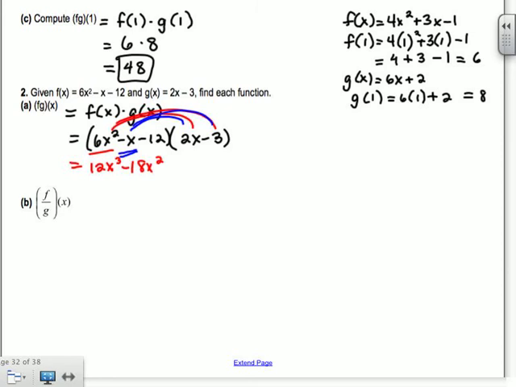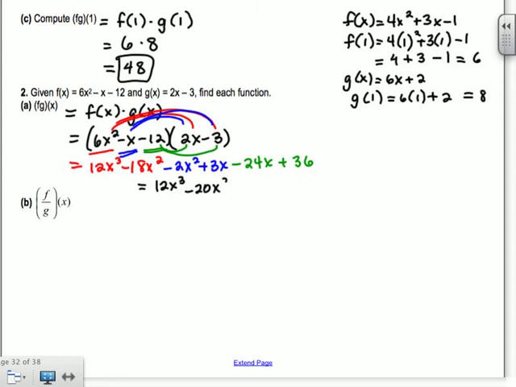And then I take my negative x and I multiply it by both things on the right side. So negative x times 2x is negative 2x squared. Negative x times negative 3 is plus 3x. And then I take my negative 12 and multiply it by both things. So negative 12 times positive 2x is negative 24x. Negative 12 times negative 3 is plus 36. And then we just combine our like terms. So I only had one thing that had x cubed, so 12x cubed.